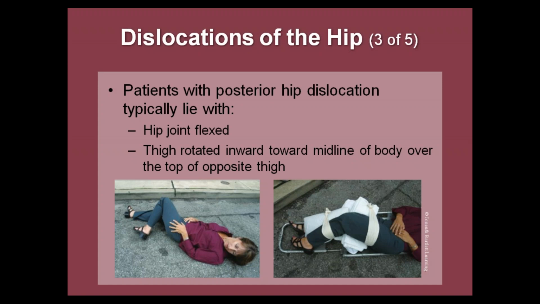She was just laying there in agonizing pain, holding that hip, not wanting to move due to that pain. I'm sure most of us have been on those scenes where patients are in this same position, whether it's a hip dislocation or a hip fracture. This patient might have pain not only on the outside, but specific to the inside of the thigh and actually up into the groin.